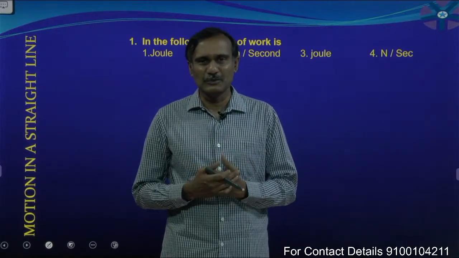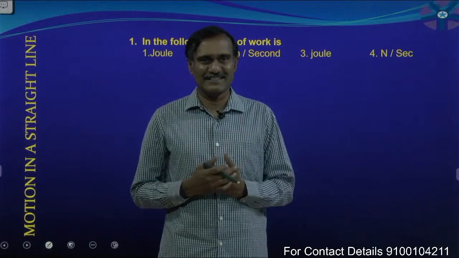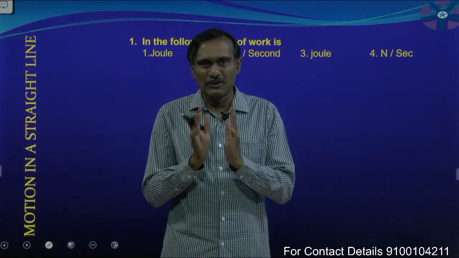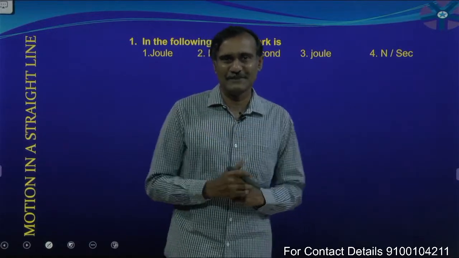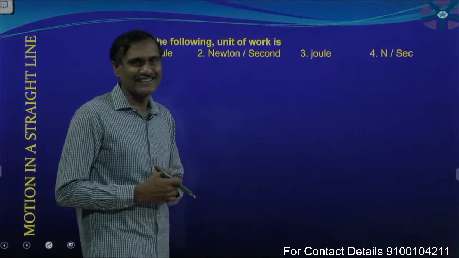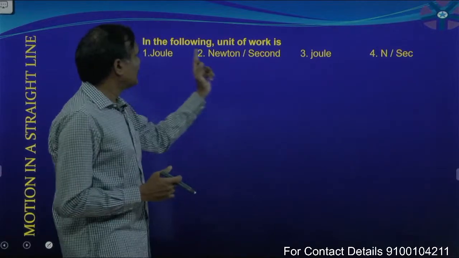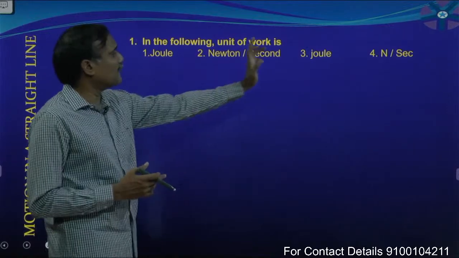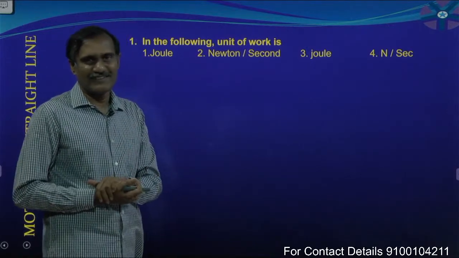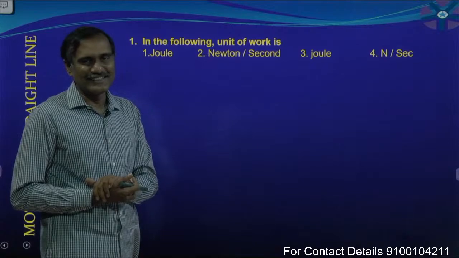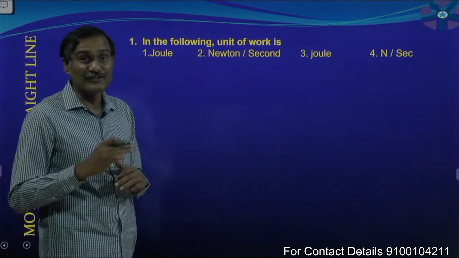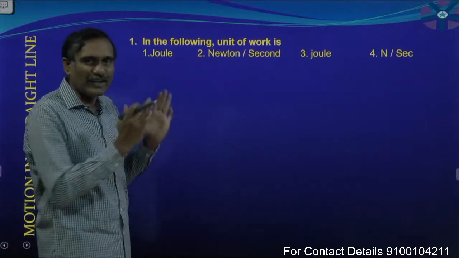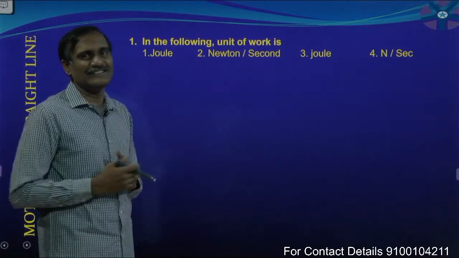Now, I want to ask some questions from this class. Observe these questions. In the following, the unit of work is, already you studied it in your 9th standard and also in the 10th standard. I just want to recall those units.